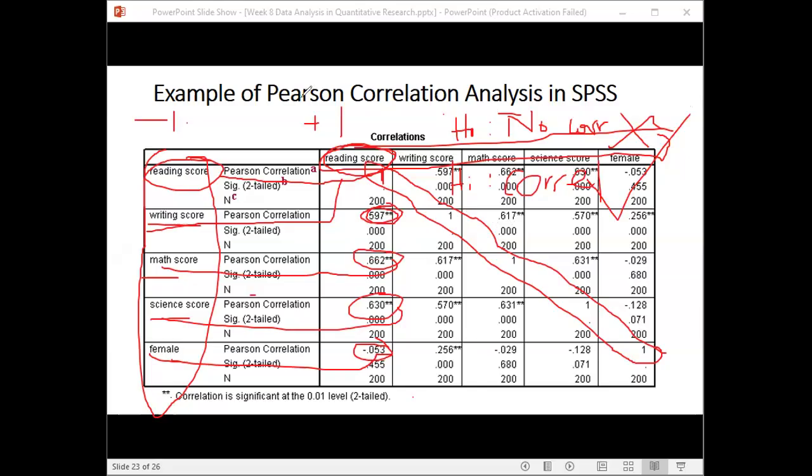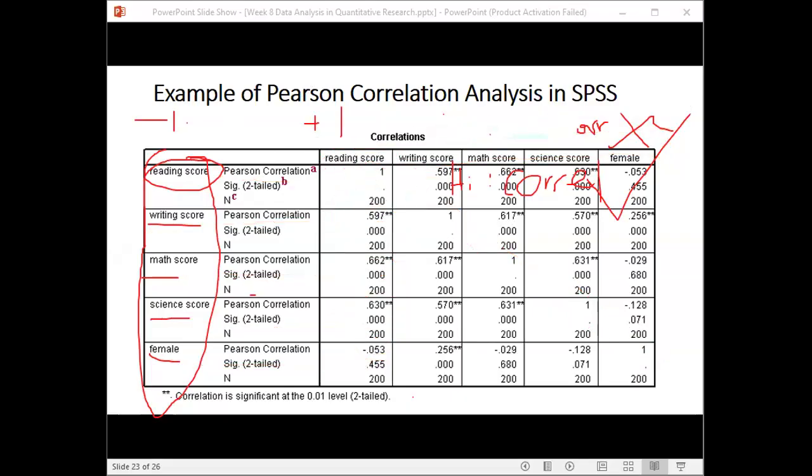Okay. Now, one thing that we also want to find out: if the coefficient is greater than 0.5, then it is a strong correlation. So if the coefficient is greater than 0.5, whether negative or positive, we're saying that it is a strong correlation.